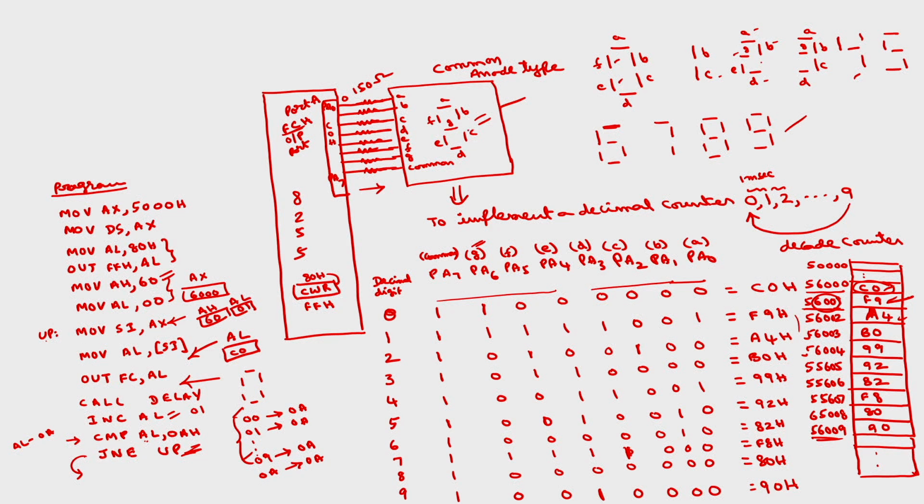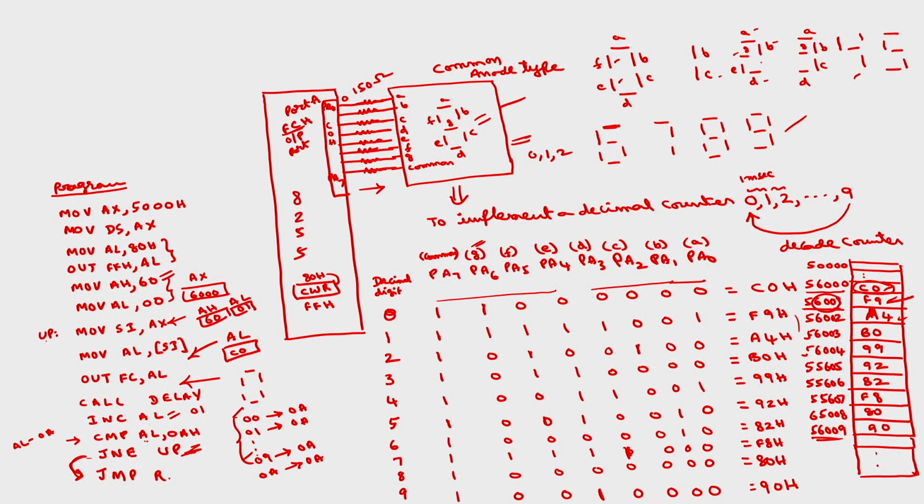Now, it will display 0, 1, 2 with a delay that is going to be decided by the application. So, it will go up to 9. After 9 what happens? This will come out of the loop, but I want to repeat the process. So, you write an unconditional jump to up 2, or unconditional jump to repeat, you can call.